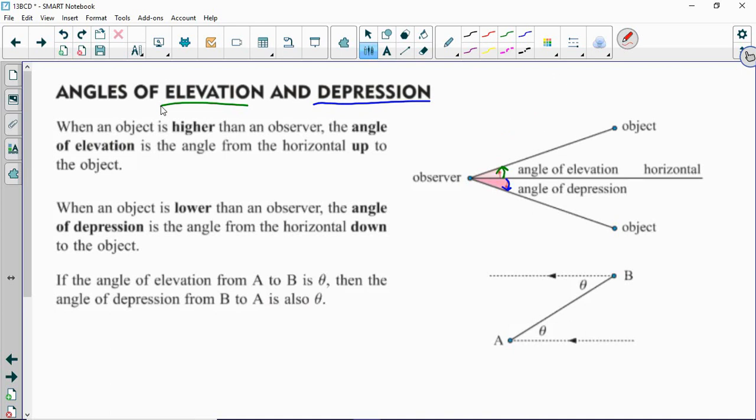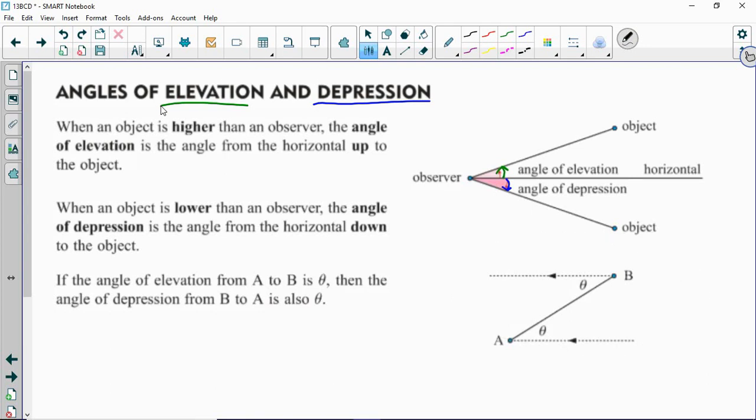Now, the astute among you may notice that it really doesn't matter whether you're going up or down. So you can actually draw your picture wrong and still get a right answer, because if we have two horizontal lines, looking down here, two horizontal lines are going to be parallel to each other.